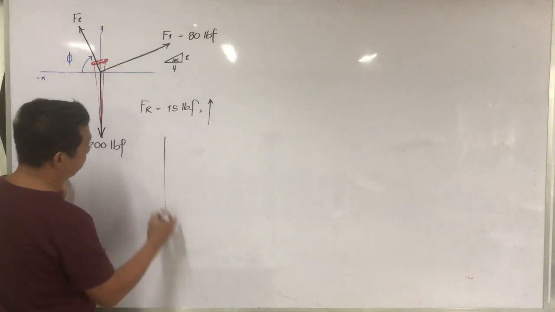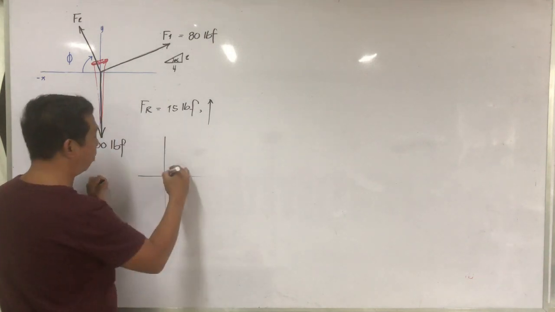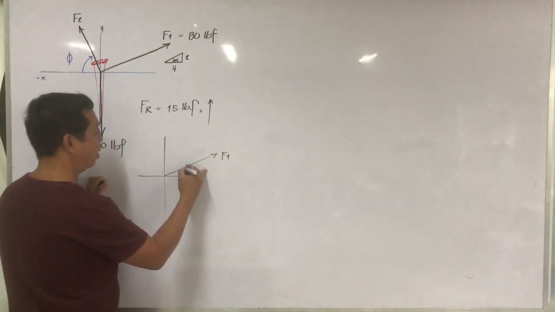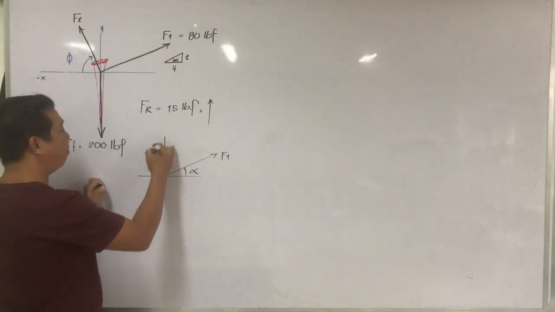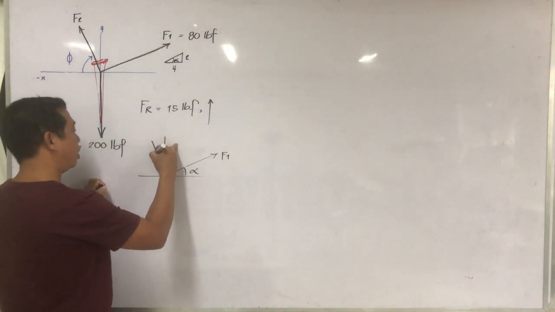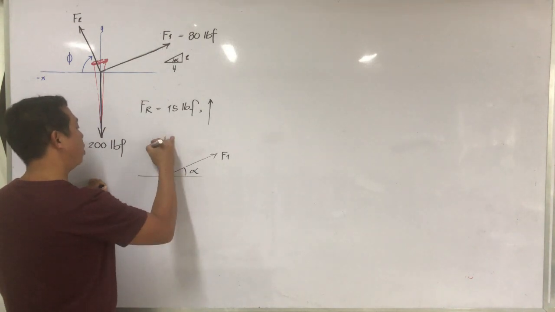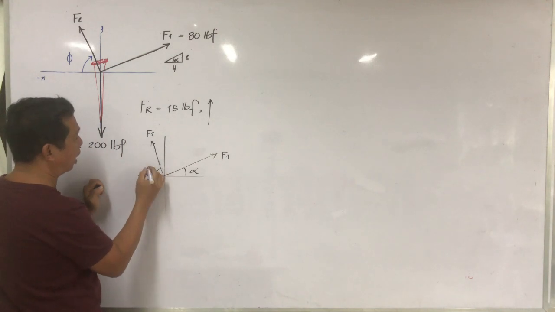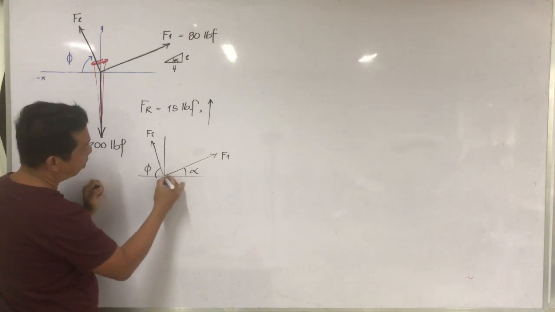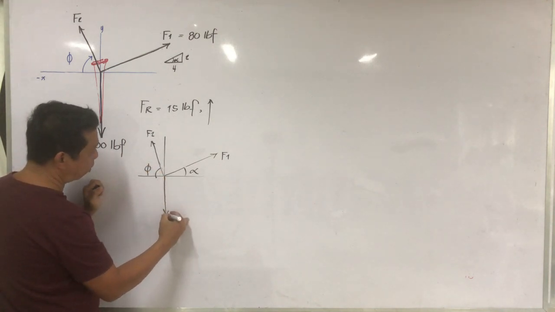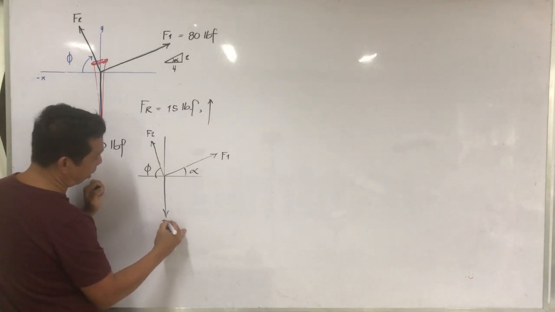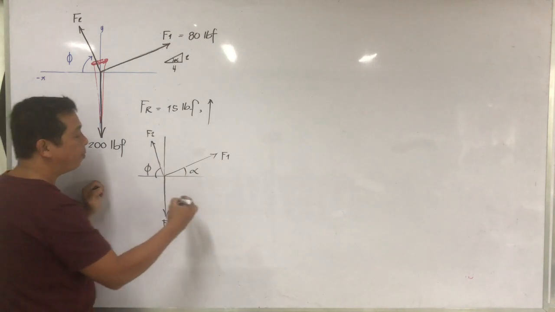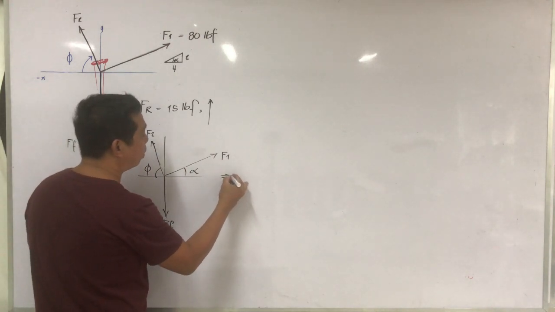Originally, say, we have here a Cartesian plane. Kung ipaplot natin yung forces, sabihin natin ito yung F1, ito yung angle na alpha, tapos andito yung F sub 2 na nag-generate ng angle na phi, tapos vertically downward yung F sub F. Now, anong nangyari with these three forces, with this force system?